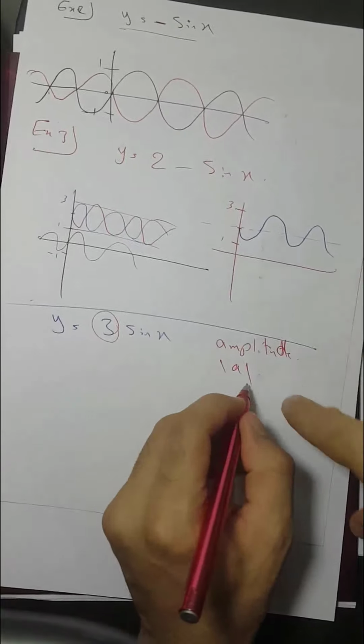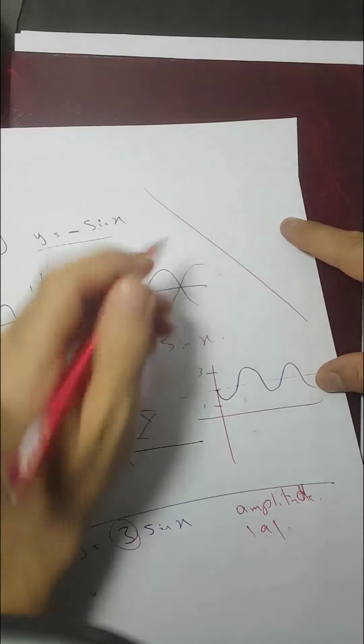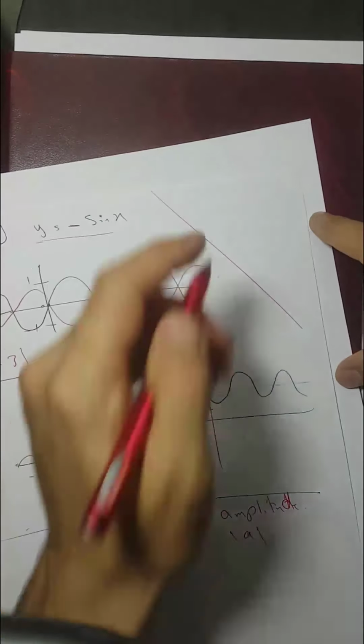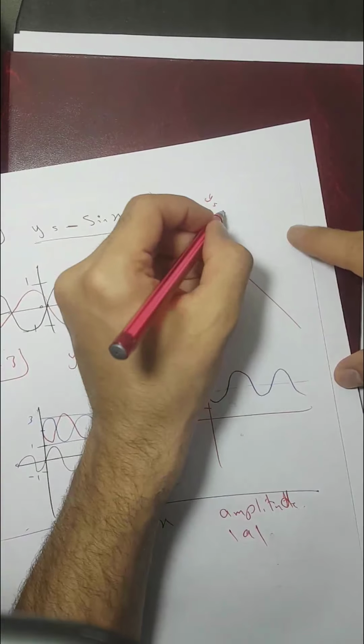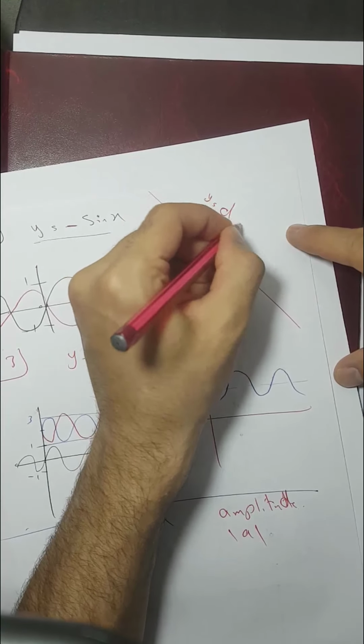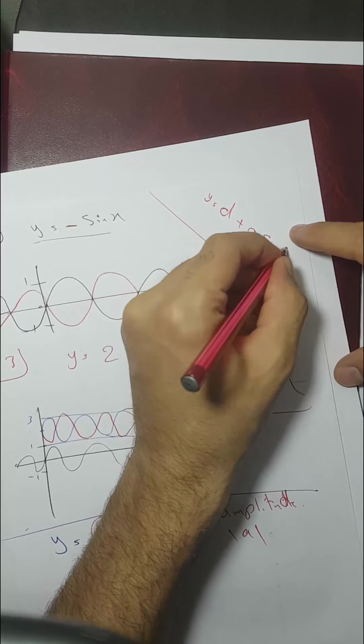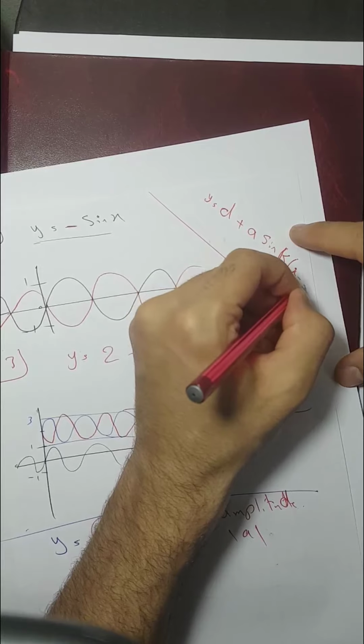And sometimes you say amplitude is A. When I say A, it's because I have the formula for the question: y is equal to, for example, D plus A sine or cosine K, x minus h.